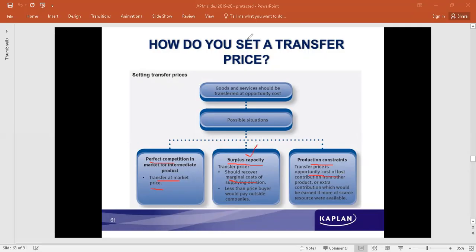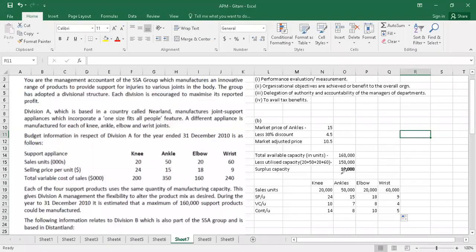I'm going back to the Excel file. We did mention that there is surplus capacity of 10,000 units. In case surplus capacity is 10,000 units, consider their variable cost. Variable cost is 7.